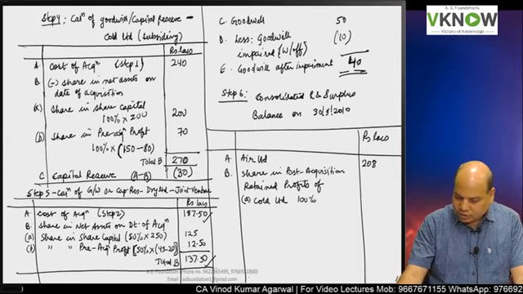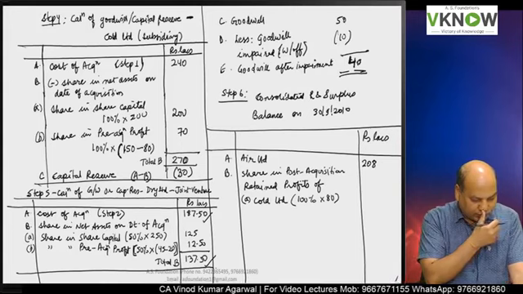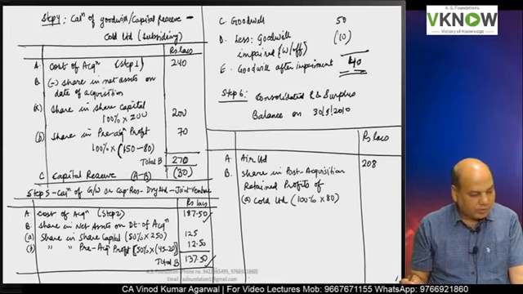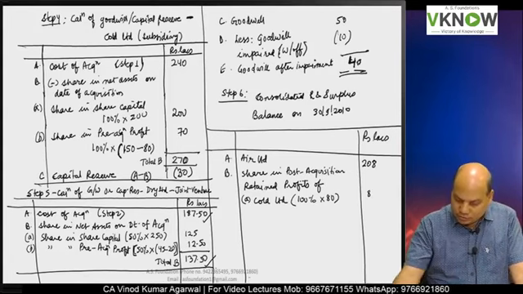We are holding 100% share in Cold and current year profit is 80, so that is 80, same amount.